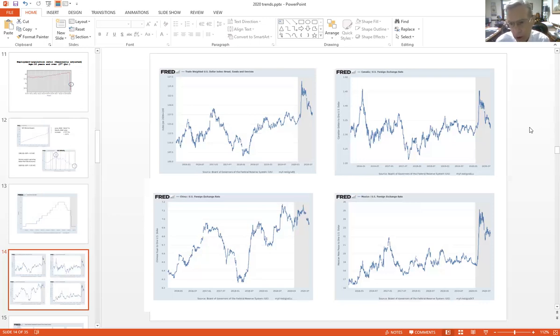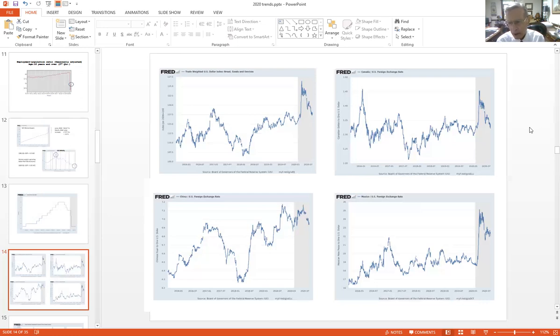So our neighbor to the north, Canada: the upper right-hand chart represents the number of Canadian dollars that are required to buy a US dollar. And you can see that it had gotten up to about $1.45 Canadian. And at this point, it's down to less than $1.35.